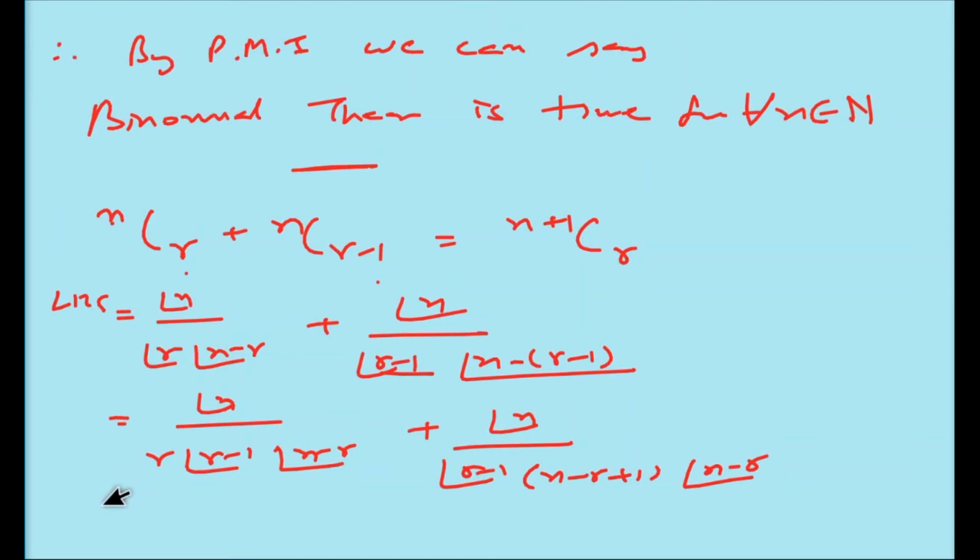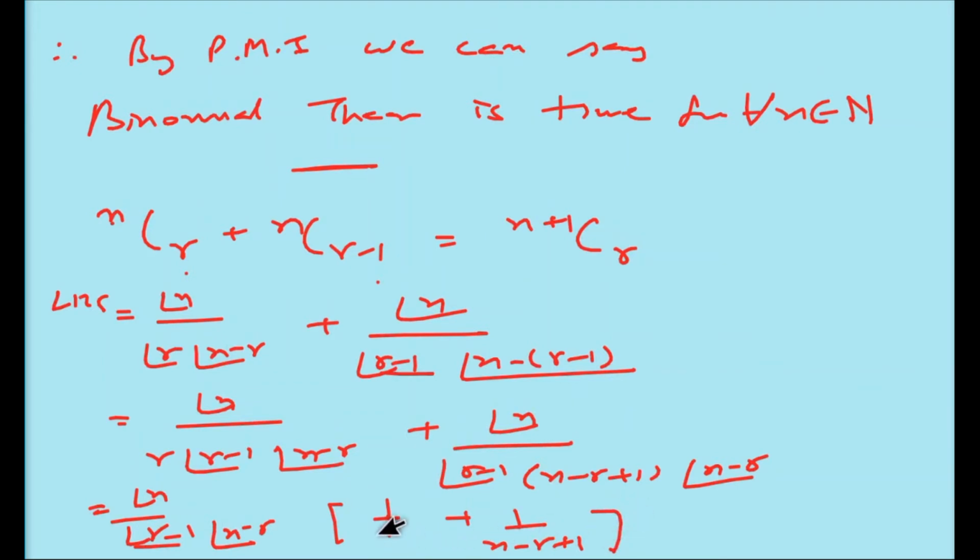We get factorial n upon factorial r minus 1 and factorial n minus r. We take these common, but we are left with 1 upon r plus 1 upon n minus r plus 1.